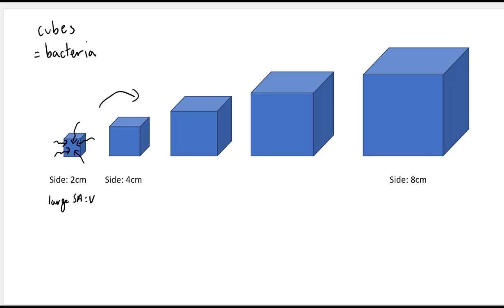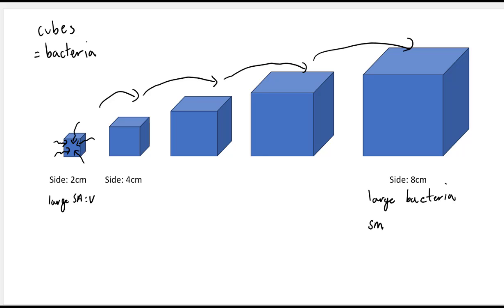But as we go up in size to here, we have a large bacteria, but this has a small surface area to volume ratio. Now, for unicellular organisms, they can only reach a certain size because if they get too big, they can no longer rely on diffusion.